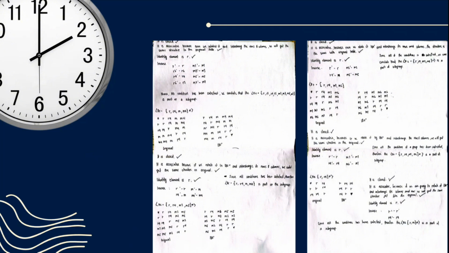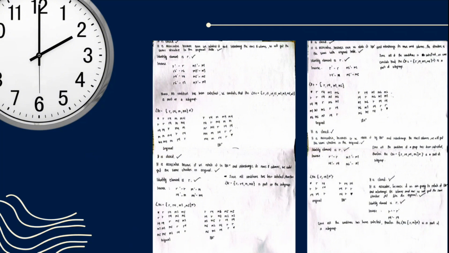Let's proceed to A6. We have R4, M2, and M6. We use the same procedure as in the previous proper subgroups.